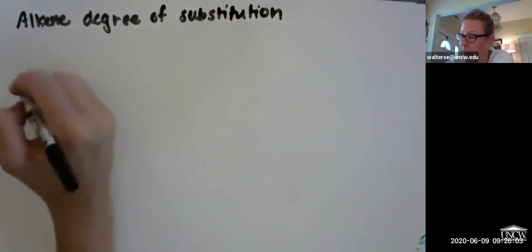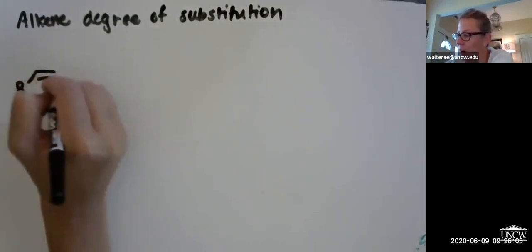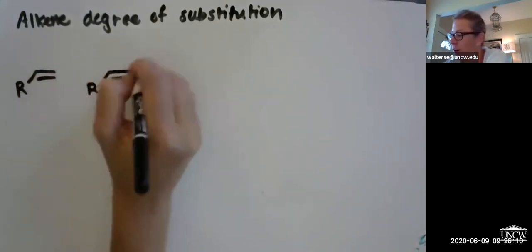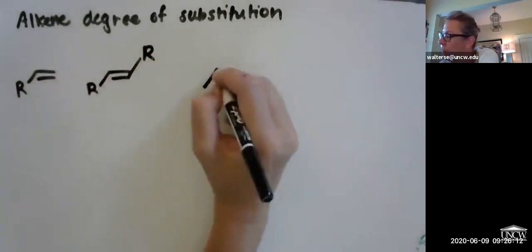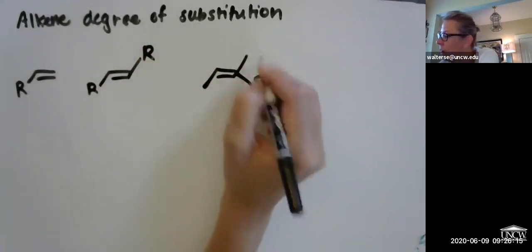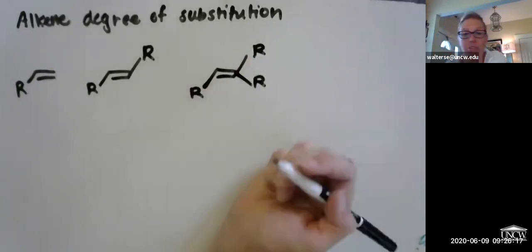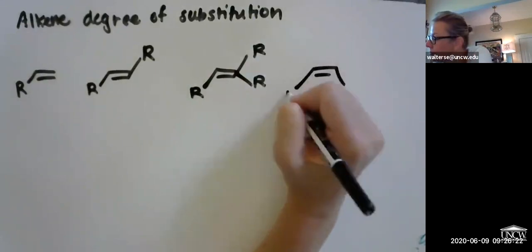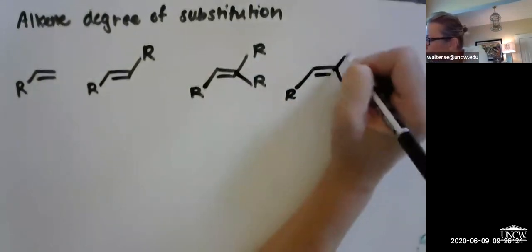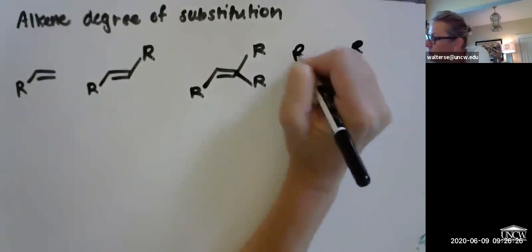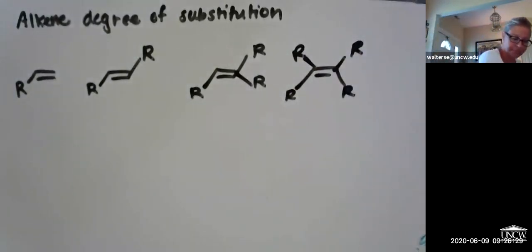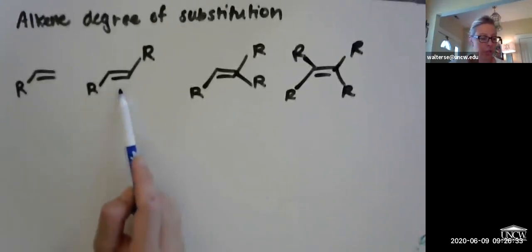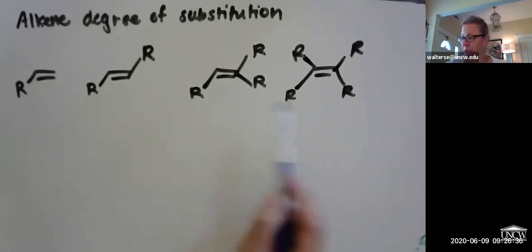So we're going to have 4, so R, two. If it's not drawn, it's a hydrogen. Okay. So you can have 1 R group, 2 R groups, 3, and 4.